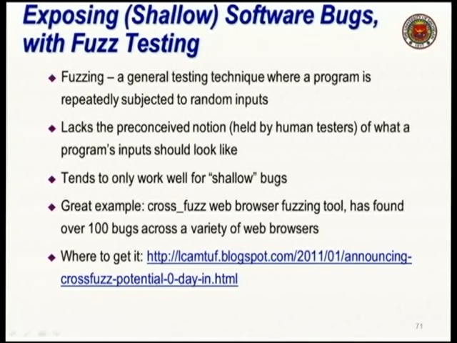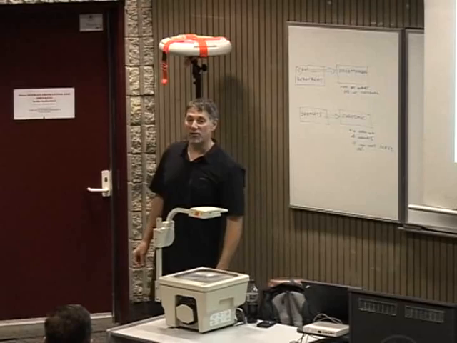So it's very powerful at exposing what are called the shallow bugs. Those are the bugs that don't require a lot of different conditions. They don't require very deep sequences of branches to get to the particular bug. All they require is that there's no preconceived notions in the input. And they're very powerful. A great one to take a look at is CrossFuzz, which is Google's web browser tester.